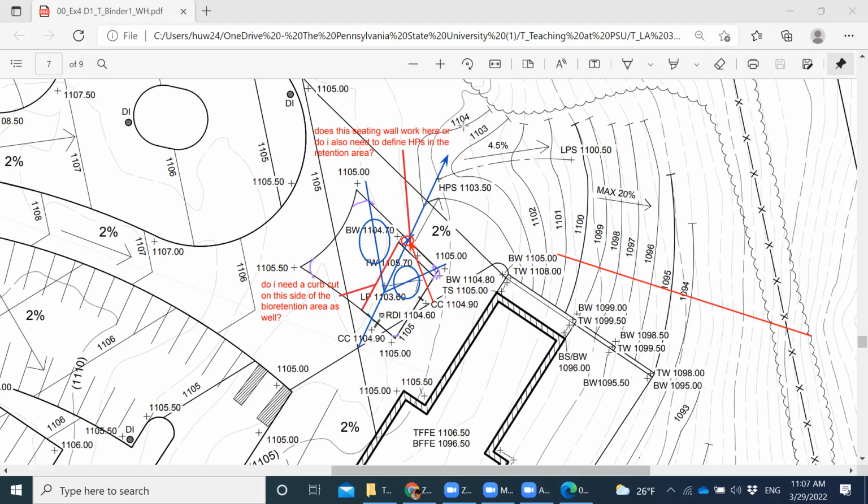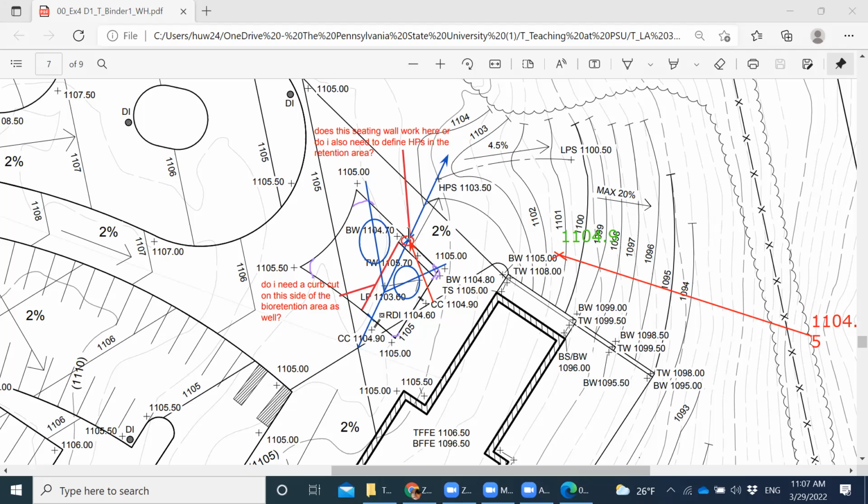Right. So we're sheet flowing, and the entrance here is 1104.9, right? And we want to know what this is. According to my estimation, that might be 1104.5.